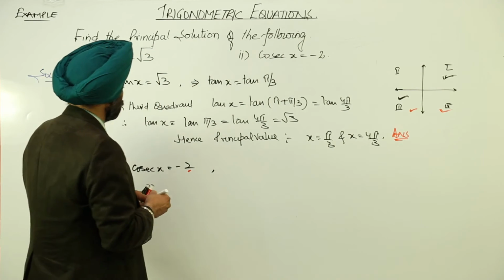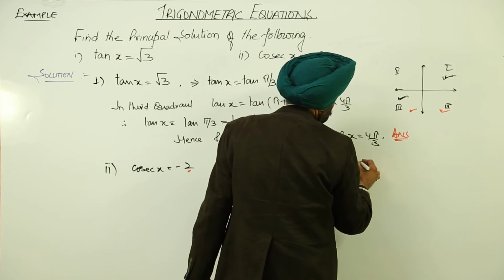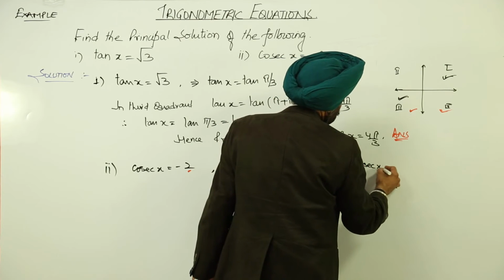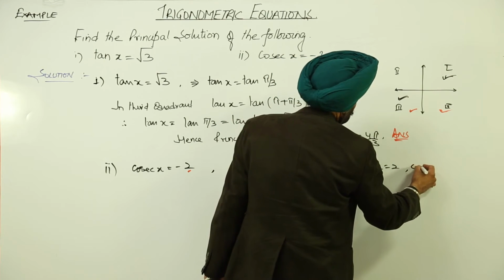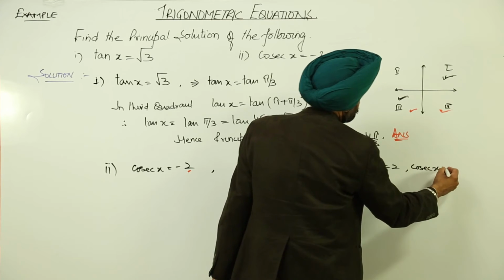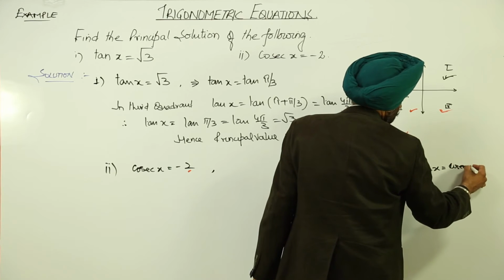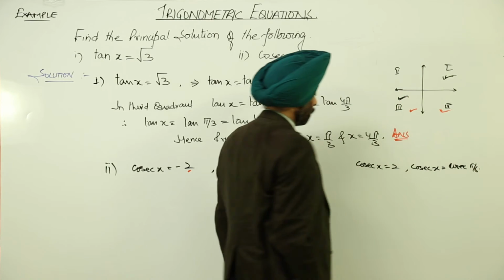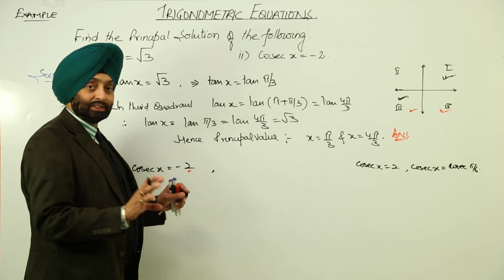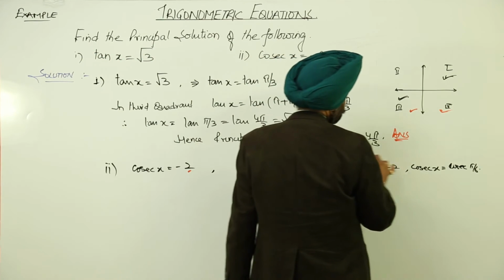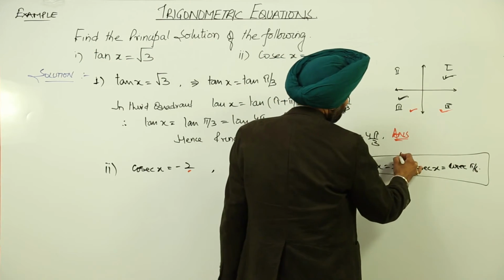So we are having now cosecant x is equal to 2, or we can write cosecant x is equal to cosecant pi by 6. This is just rough work, which you have to follow.